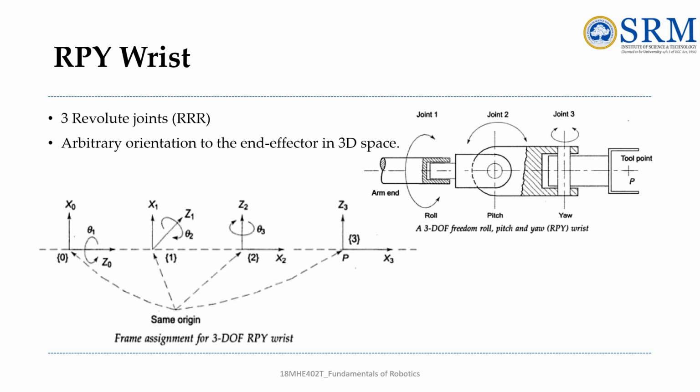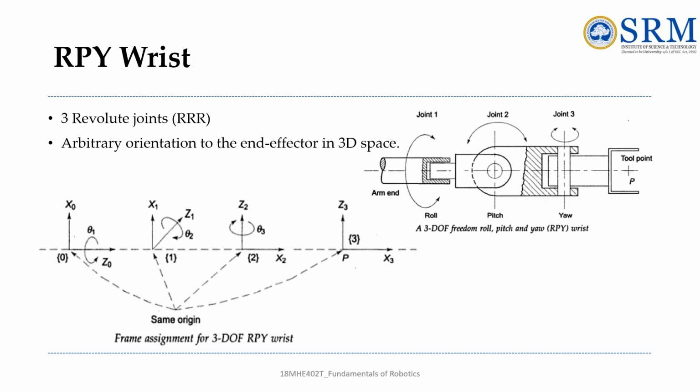Okay, so everything is on the same plane, so there is no link length for all the three revolute joints. So there is no link length and no rotation about the x-axis and no offset. Okay, so pitch angle is there, that is theta 2. And yaw joint, no link length, and we have a 90 degrees rotation about x-axis, no offset, and yaw angle is there along theta 3. Okay, so this is in general.